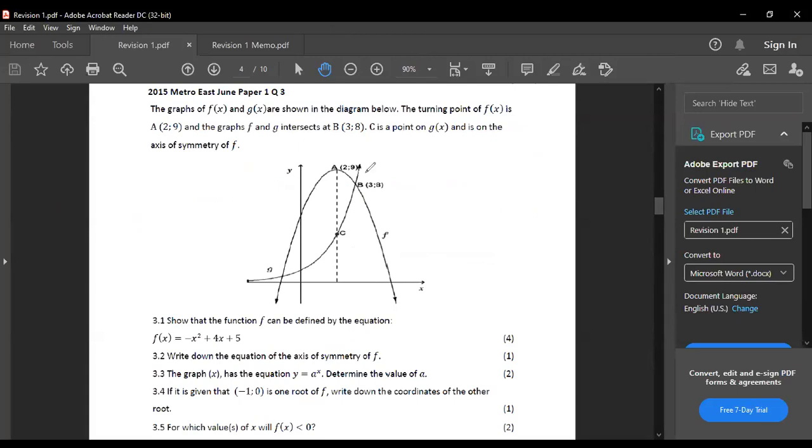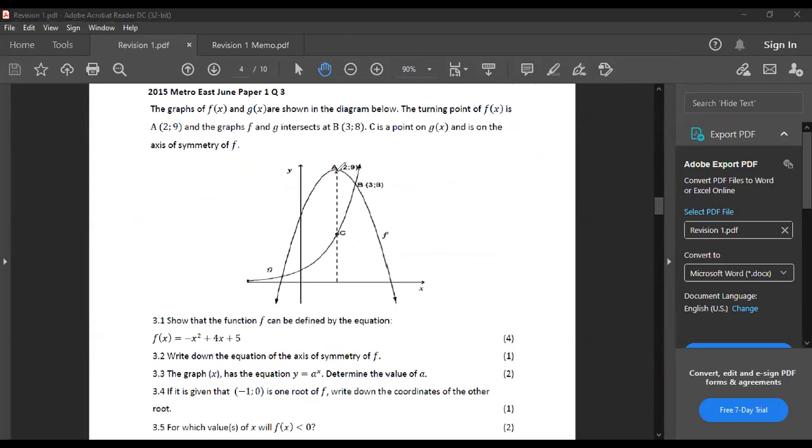If I were to come here, this is a turning point. Let's say they say find the coordinates of the turning point of f of x plus 3 minus 5.